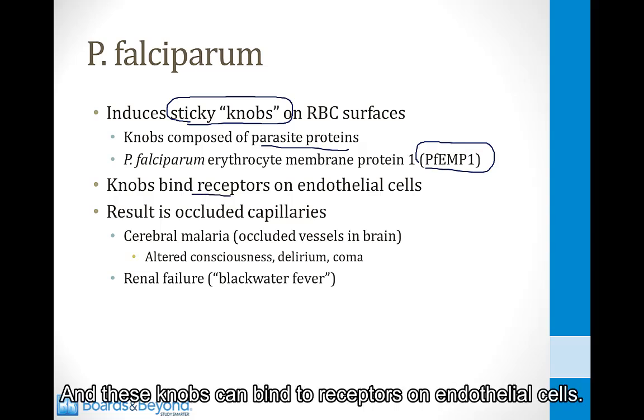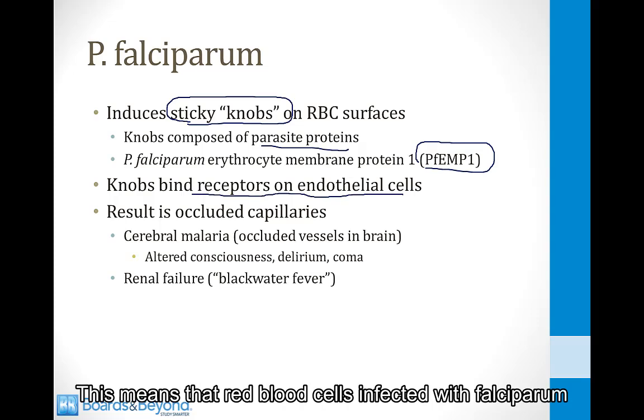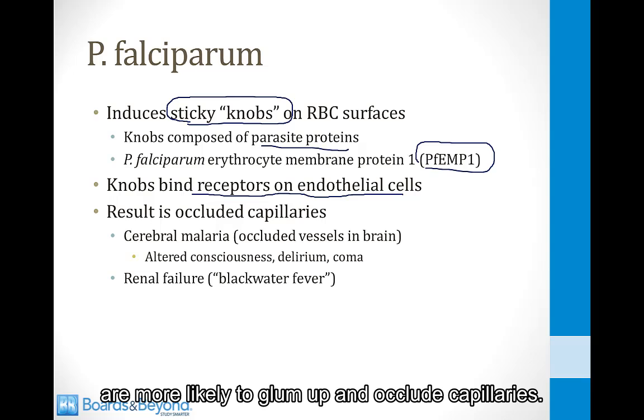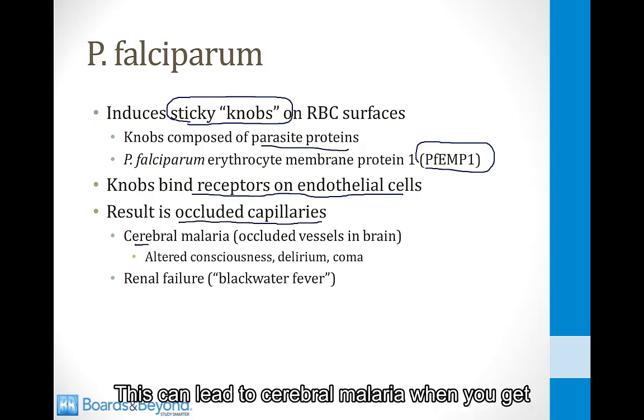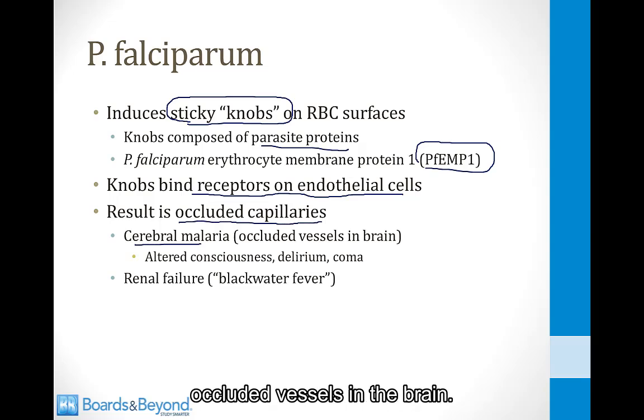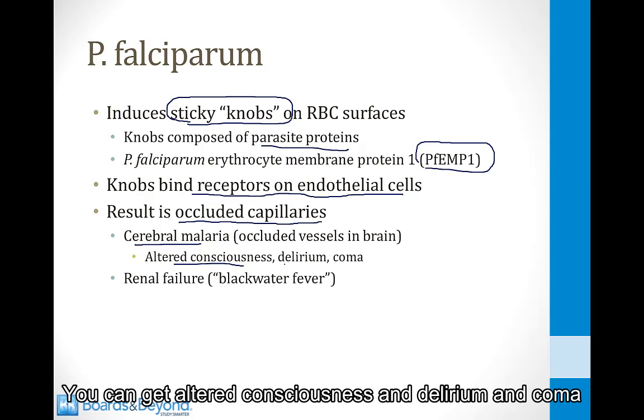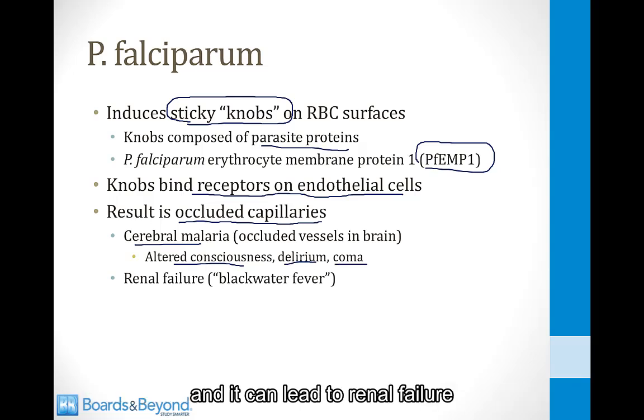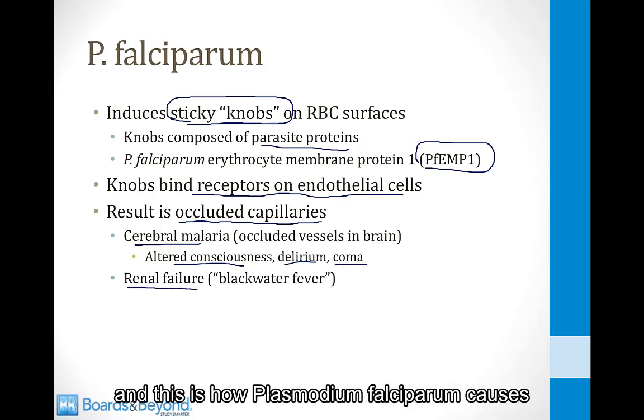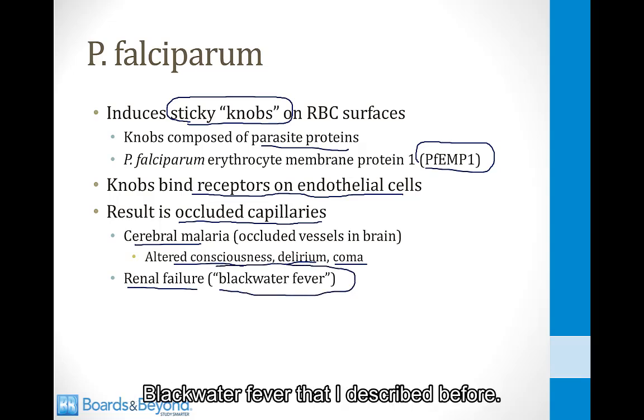And these knobs can bind to receptors on endothelial cells. This means that red blood cells infected with falciparum are more likely to gum up and occlude capillaries. This can lead to cerebral malaria. When you get occluded vessels in the brain, you can get altered consciousness and delirium and coma. And it can lead to renal failure, and this is how Plasmodium falciparum causes black water fever that I described before.